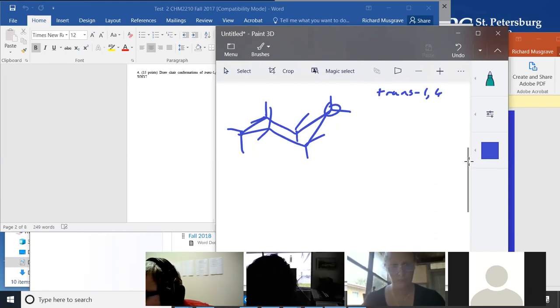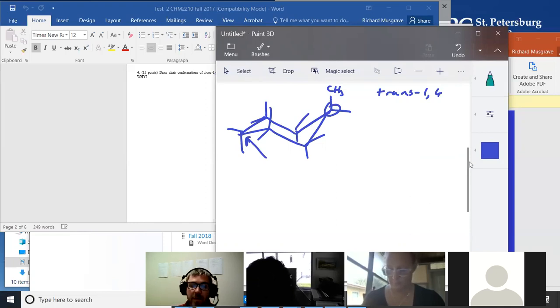But I'm going to go ahead and stick a methyl group here on this one on the first one, the one that's puckered up, and then I'm going to move around 1, 2, 3, 4. I'm just going to point at this because I know you can't see my cursor, but that would be the 4th carbon around. Is everybody okay with this so far?